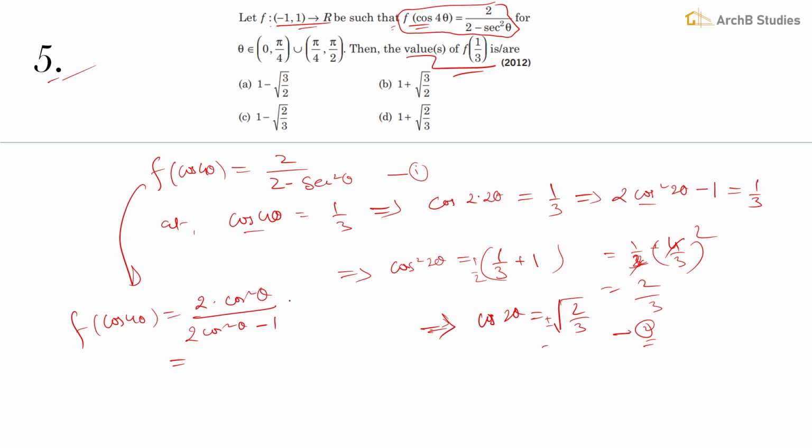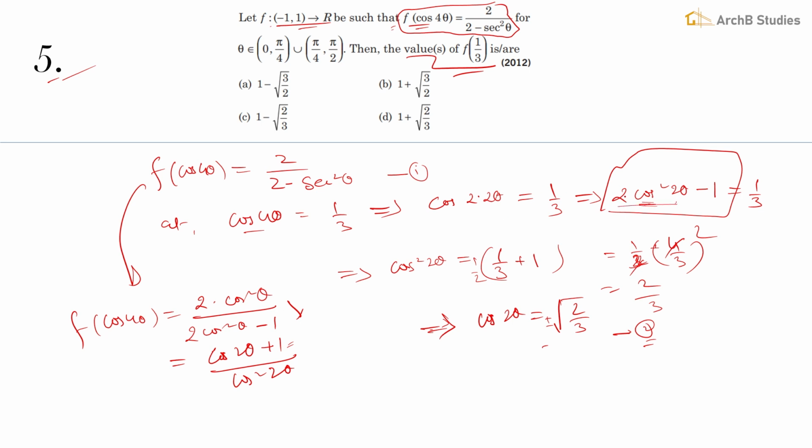So now this can be written in the form of cos 2 theta plus 1 upon cos of 2 theta. I hope you got how this came using this thing. We have only this part over here.